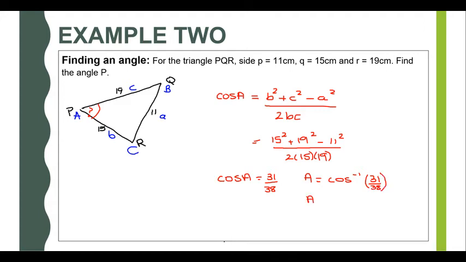So A is equal to 35.3 degrees. So we can say that angle P equals 35.3 degrees to 3 sig fig.